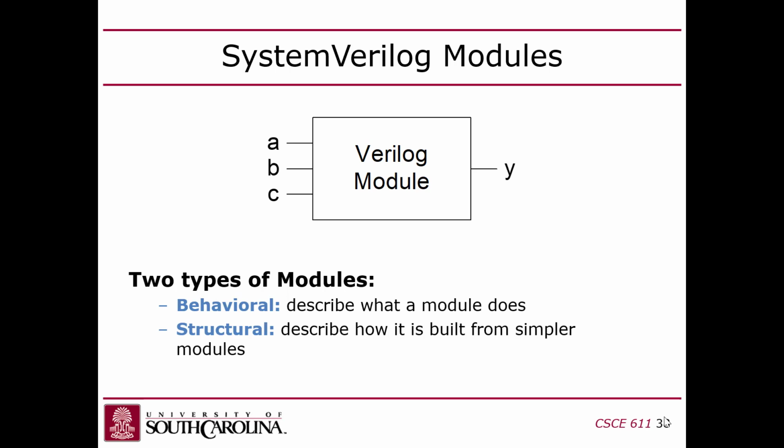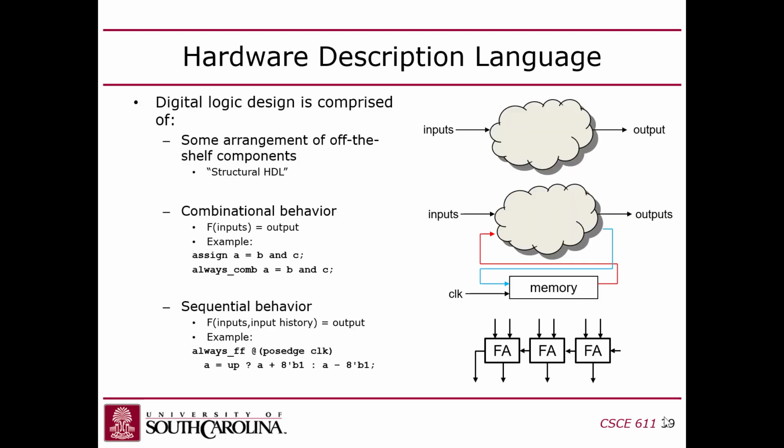Behavioral means that you're writing code that is supposed to be translated into Boolean logic or into state machines, whereas structural is building a schematic. Now I mentioned that you can do schematics in VHDL. It's in text, but you can describe schematics as modules that are connected. You can also describe Boolean logic, and that's the difference between behavioral and structural.